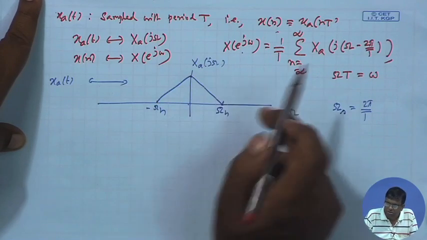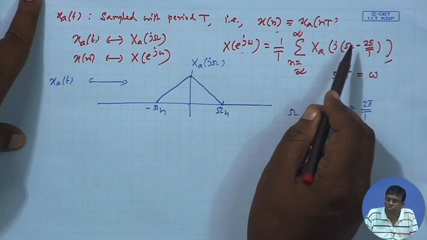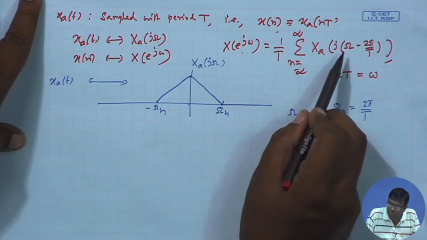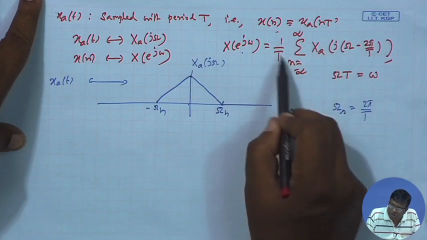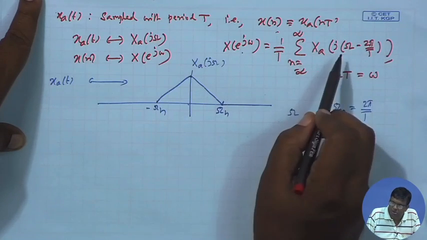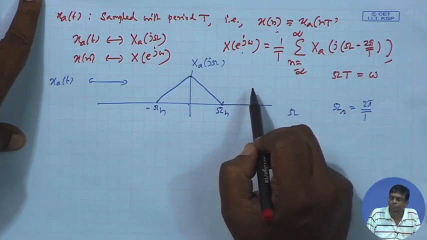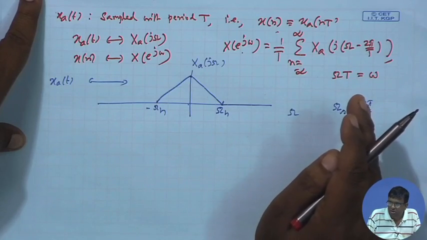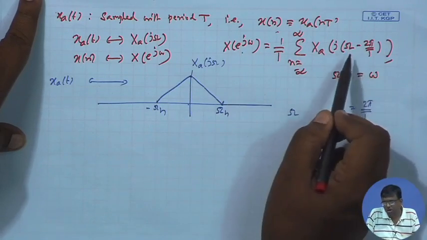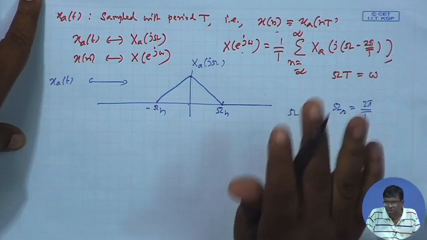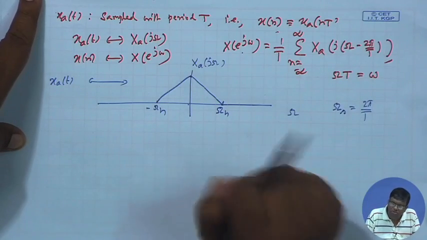But to start with, I plot the right hand side as a function of capital omega. That is why I always prefer to keep capital omega on the right hand side, small omega on the left hand side. First plot it in terms of capital omega, then change over from capital omega to small omega. This way it becomes easier. Some books bring small omega here, so that left hand side is a function of small omega, right hand side also visibly clear, but that way handling it becomes difficult.